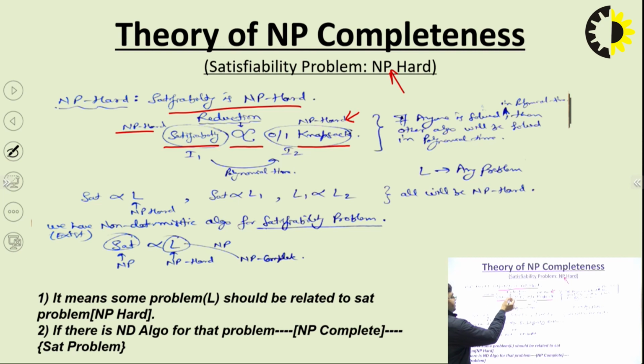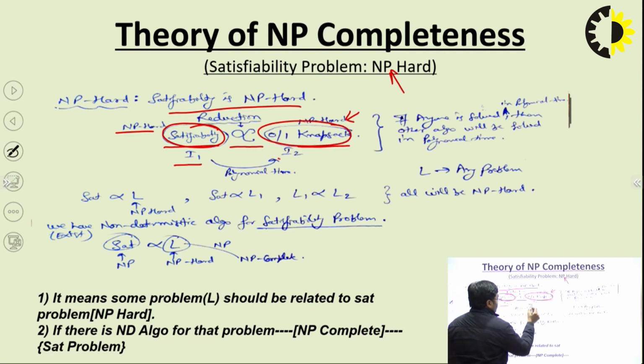We can say that if satisfiability can be reduced to 0-1 knapsack, meaning some instance I1 of this and some instance I2 of that, and if this can be solved in polynomial time, then this can also be solved in polynomial time.